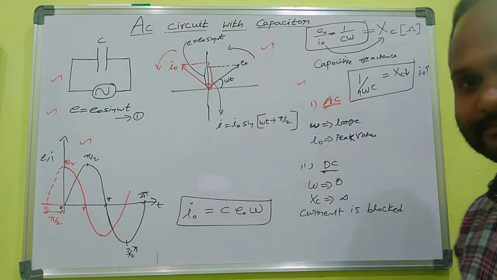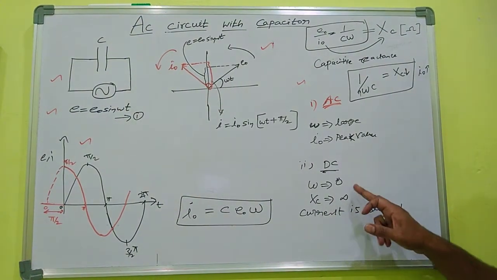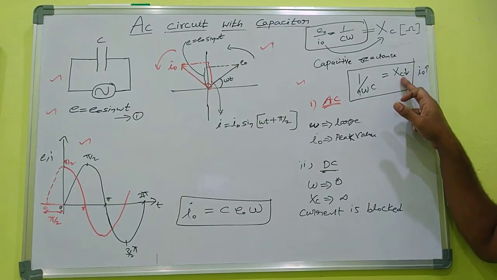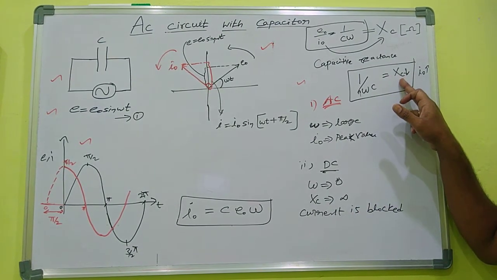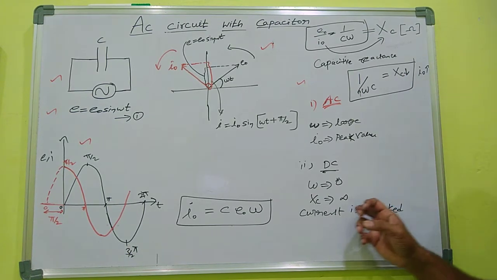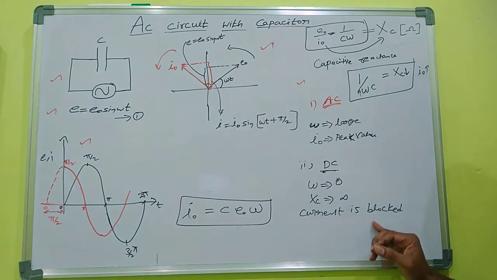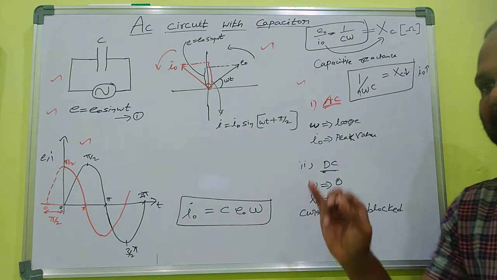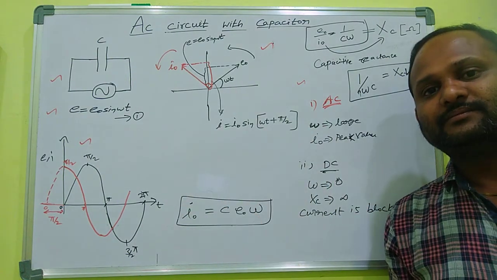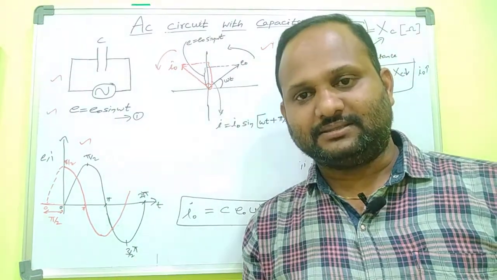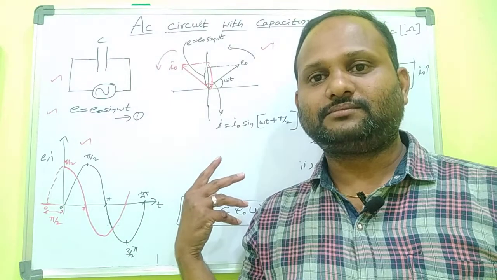In DC the frequency is 0. If the frequency is 0, the opposition goes to its maximum. When the opposition is maximum, there is no current passing through the capacitor. So in the capacitor DC current is blocked. The capacitor blocks DC but allows AC. This is the reason.